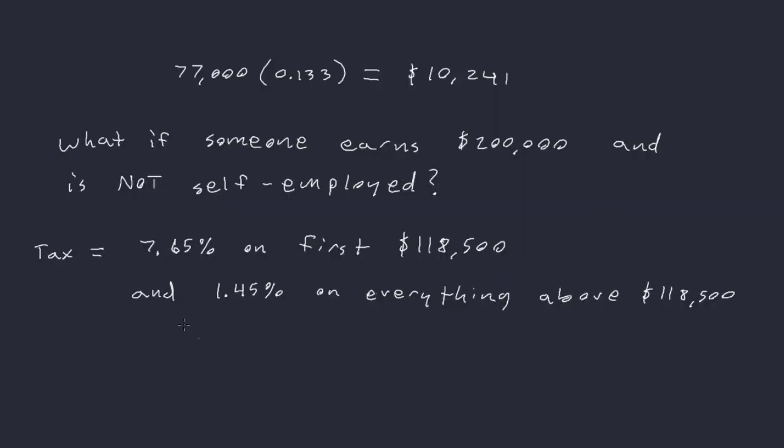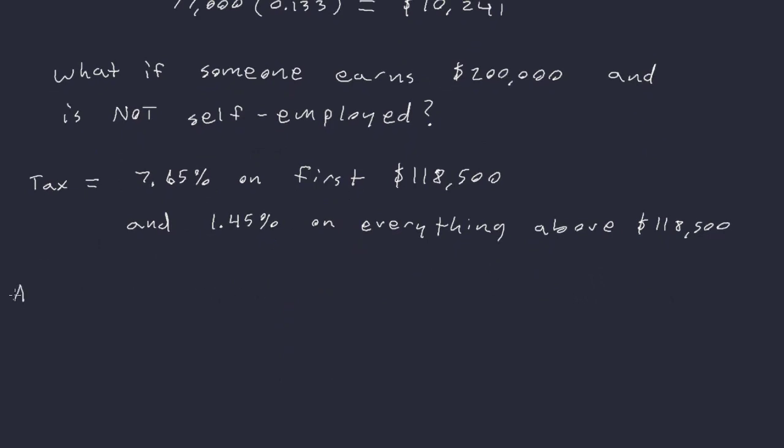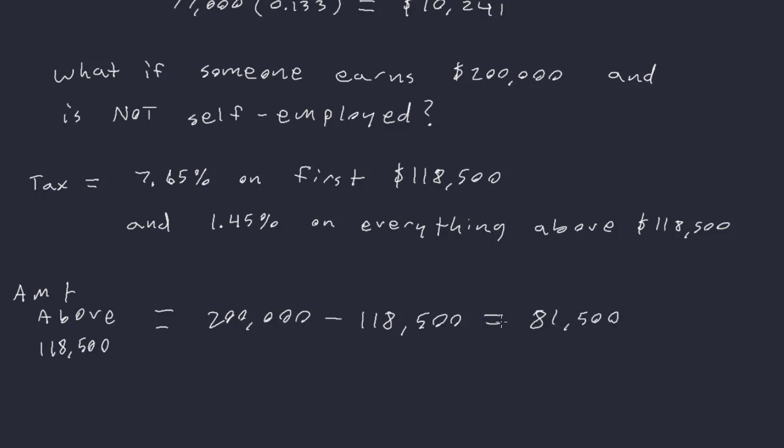Okay, so here I've just rewritten it in our workspace, so we don't have to keep going back and forth, but our tax will be 7.65% on the first $118,500 and 1.45% on everything above that. All right, so first, the amount above that: all we do is take the actual income, which is $200,000, and subtract the $118,500, and we get $81,500.